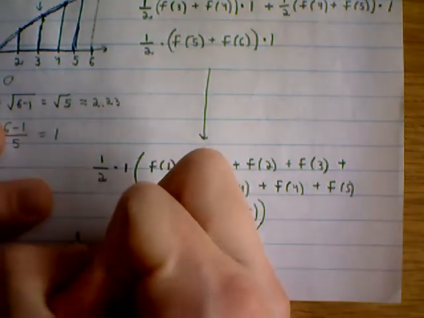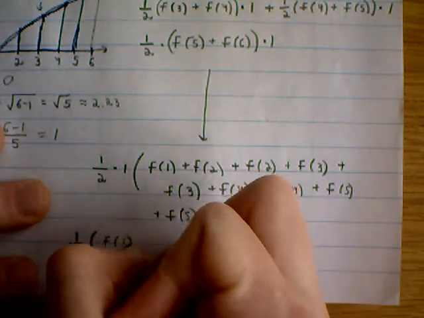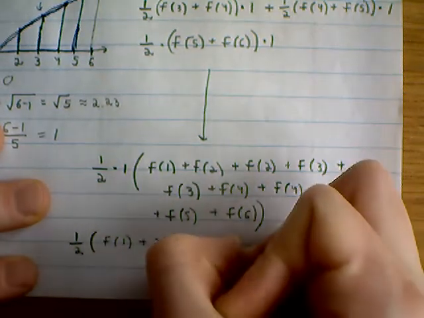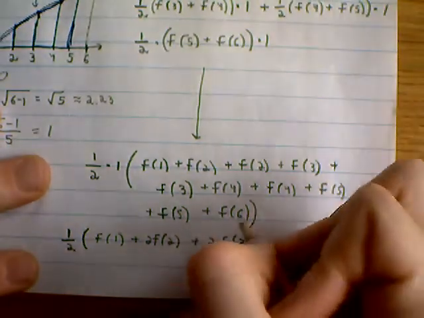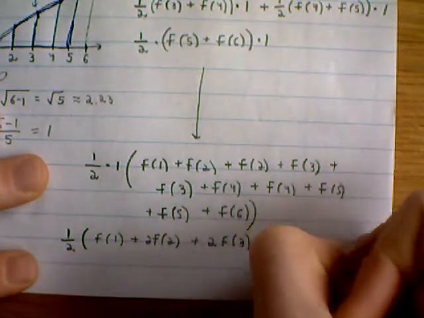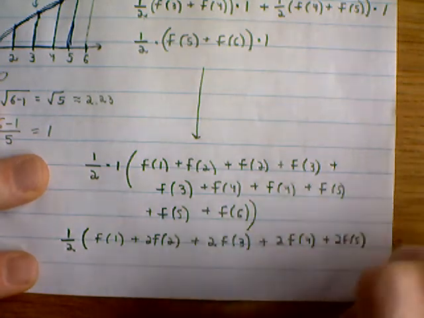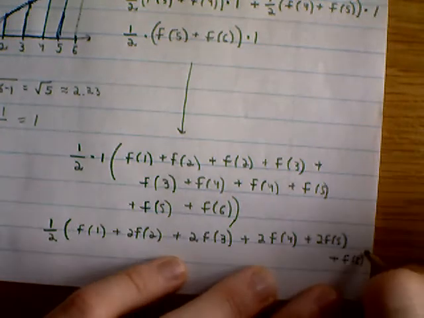So I'm going to have 1/2 times f of 1 plus 2f of 2 plus 2f of 3 plus 2f of 4 plus 2f of 5 plus f of 6, because I only had one f of 6.